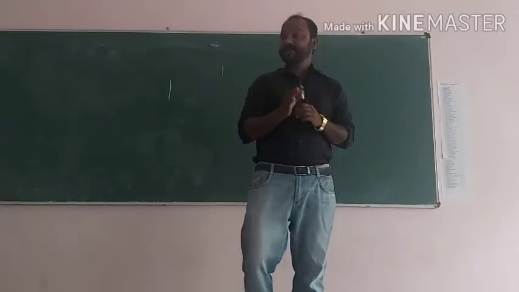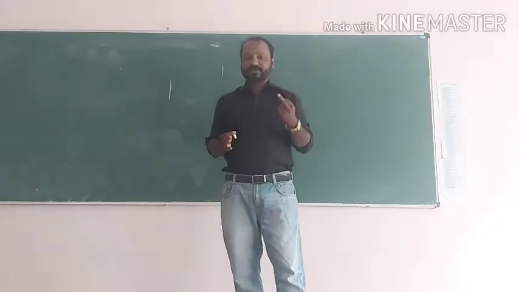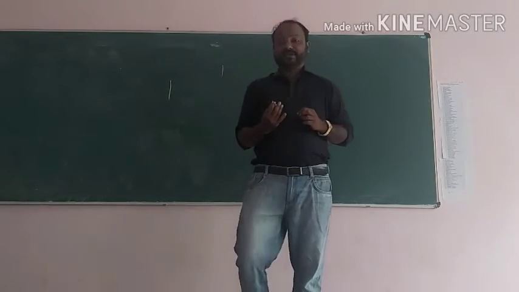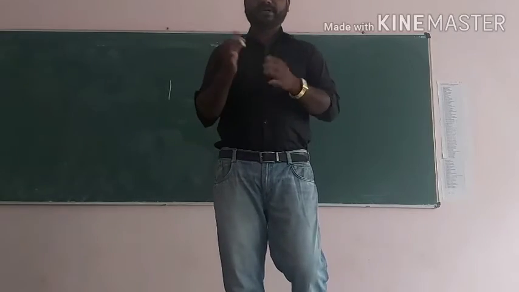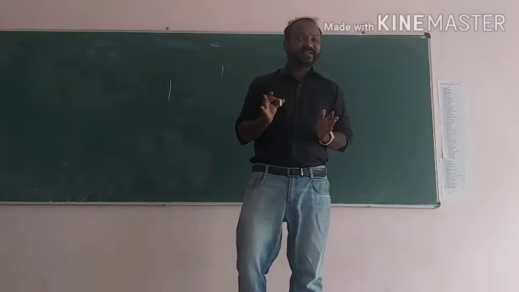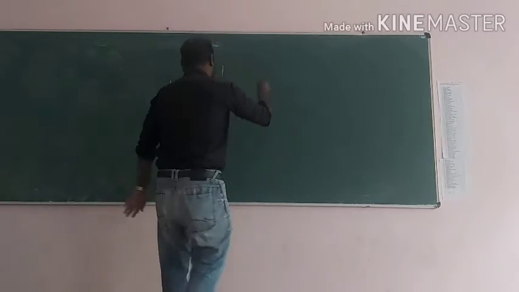Such cost is called a variable cost. We have two kinds of cost: fixed cost and variable cost. Whatever income we get, we have to deduct these two costs. Thereafter, we can get some profit. Here I will give one example.